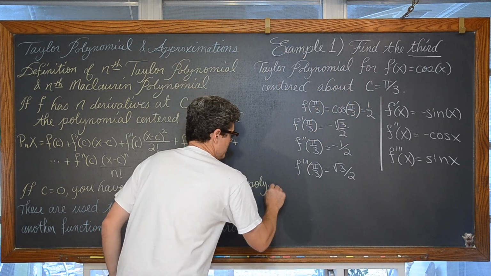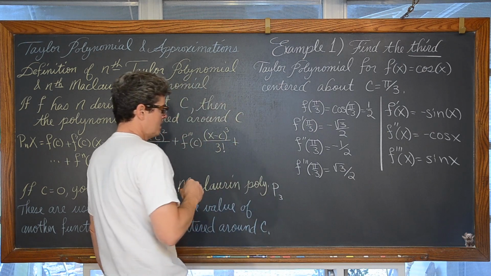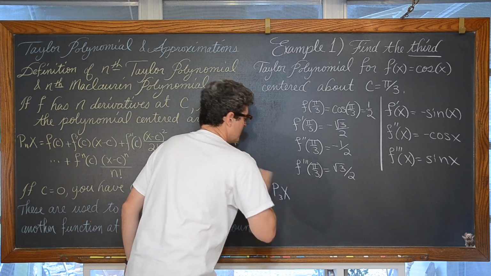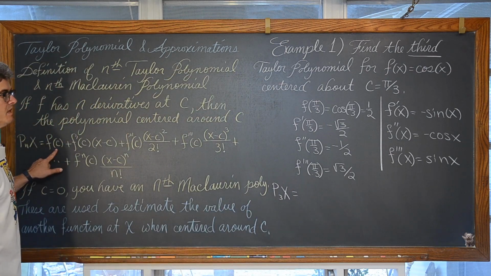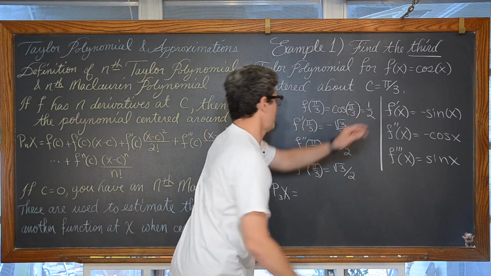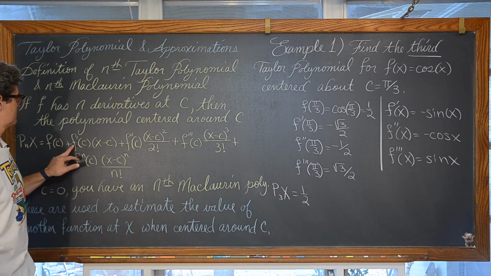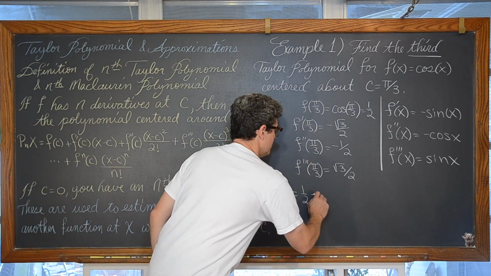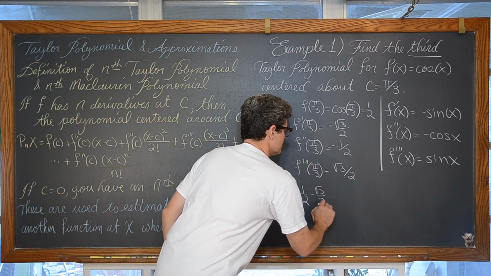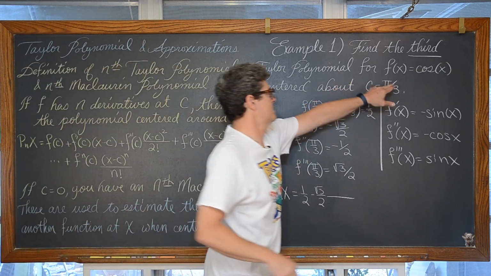So we're going to say p, our Taylor polynomial to the third degree, of x is equal to f of c. So we're looking at 1/2, and then plus the first derivative. Well, that's negative, so we're actually going to write minus square root of 3 over 2 times x minus c.